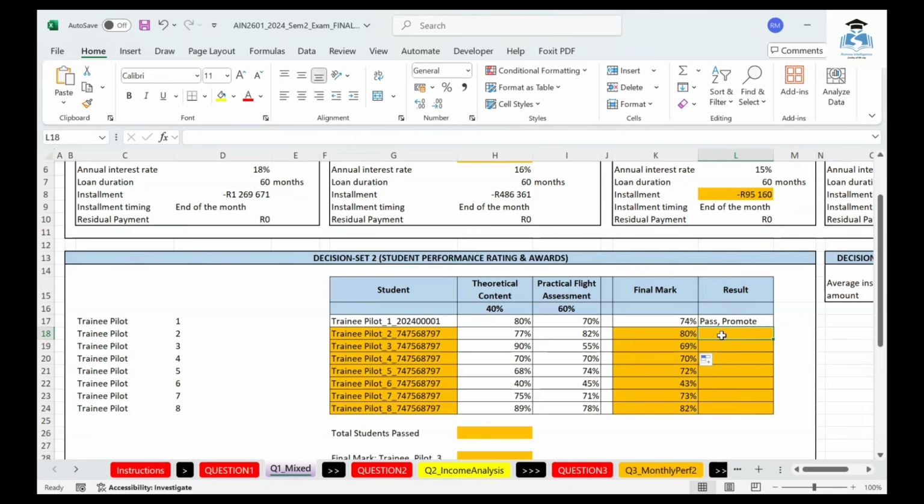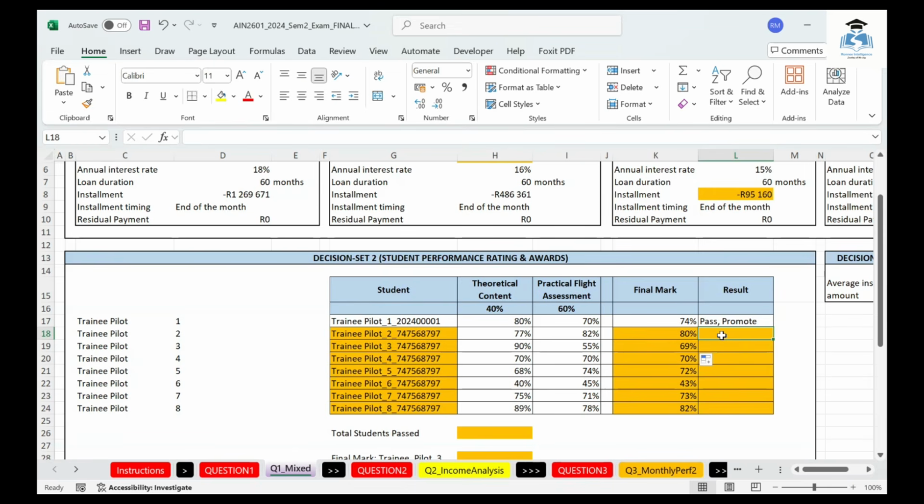How do we write the IF statement? We said we are using IF.